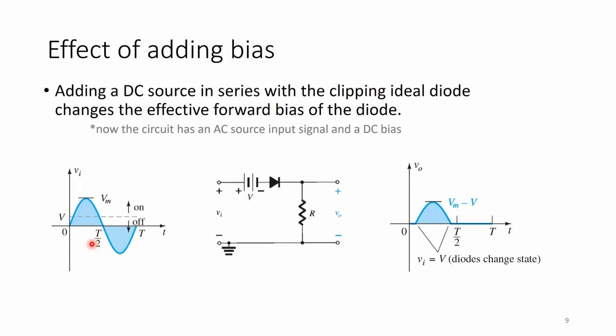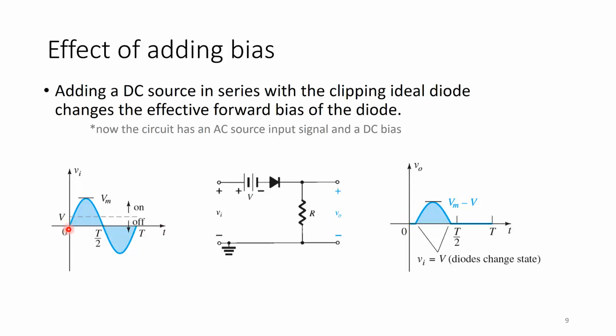What's going to happen is that you're still going to have the same sinusoidal. It will still be clipped, but it's going to be clipped at a value that is higher than 0 volts. So it will maintain the positive cycle above this added bias voltage. V out will follow V in, not starting at 0 volts, because this added bias V is not at 0 volts.